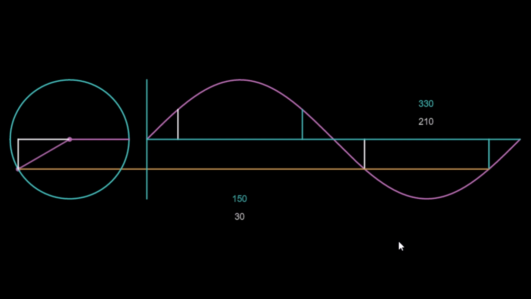Now in this video we're only going to cover the sine function, but the same symmetries exist for the cosine and the tangent. But we're going to leave those symmetries as an exercise.